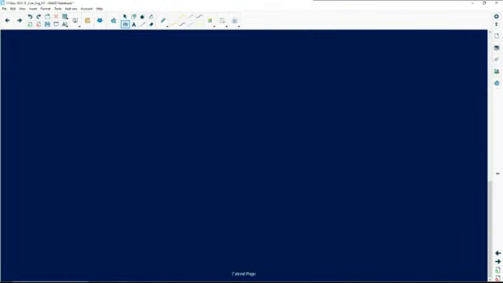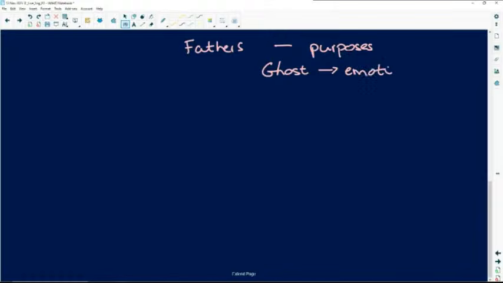So you might decide that in the play, fathers manipulate their children for their own purposes. So who would you discuss here? The ghost. And let me be absolutely transparent. I don't like Hamlet's father. So how does he manipulate his son? Well, he uses what we would call emotional blackmail. I'm not sure we should use that term.